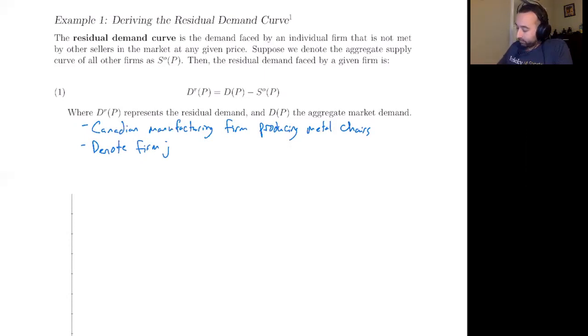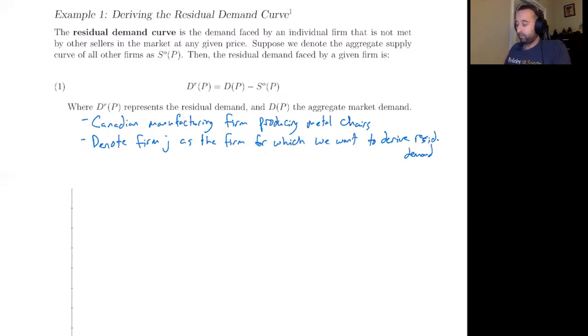Okay. And so the aggregate demand and aggregate supply of all other firms not equal to J, I'm going to show in this graph below.